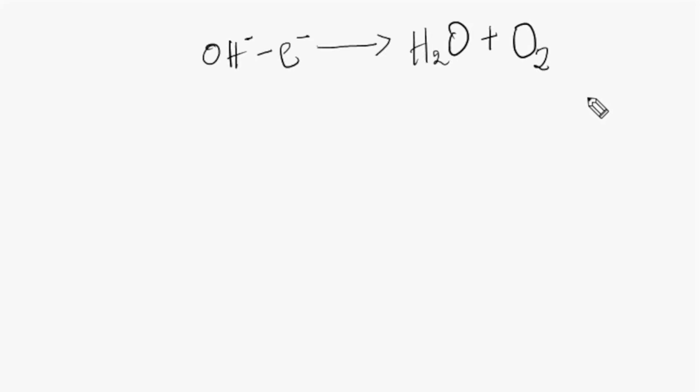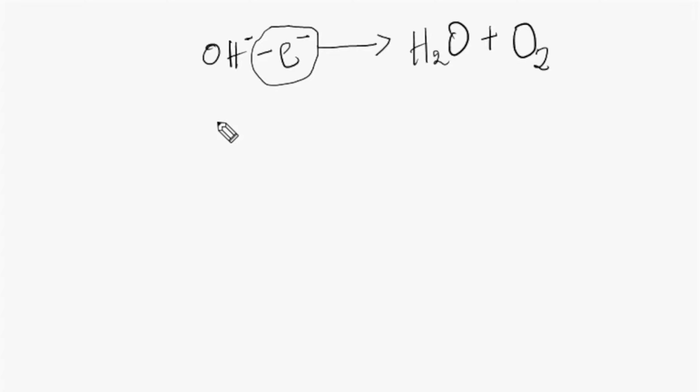So this is what happens at the anode where oxygen gets liberated. This is the first thing we need to understand. But we don't need to have a negative sign in this expression, so we are not going to have minus an electron.